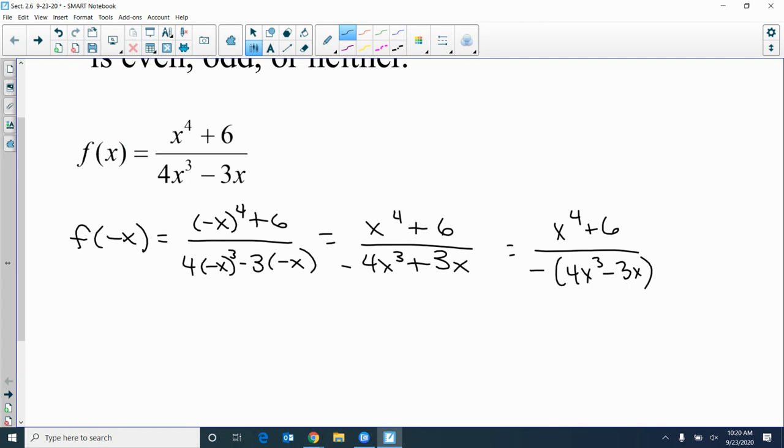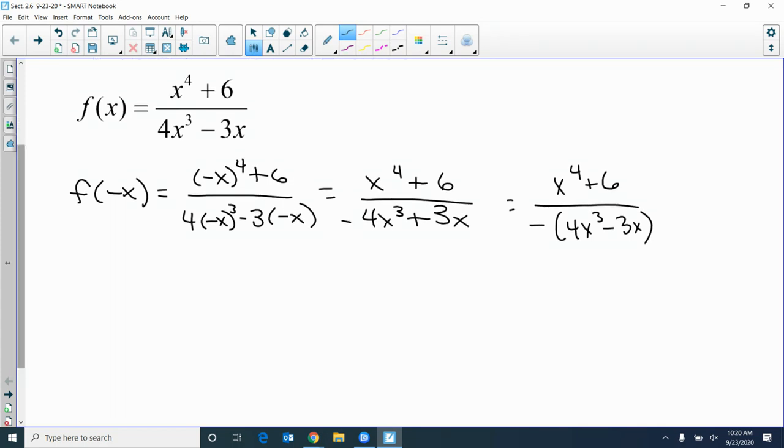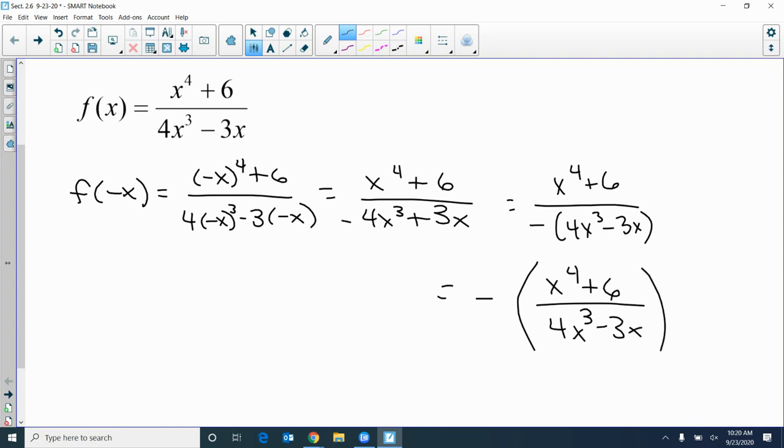So this is why it's going to be odd, because I got your original over a negative, so you can make that negative x to the 4th plus 6 over 4x cubed minus 3x, like that. So therefore it's odd. Like I said, it's not obvious the first few times you go over even and odd and evaluating it this way.